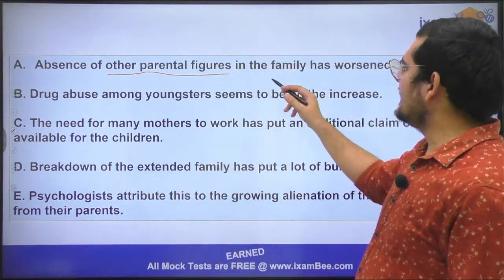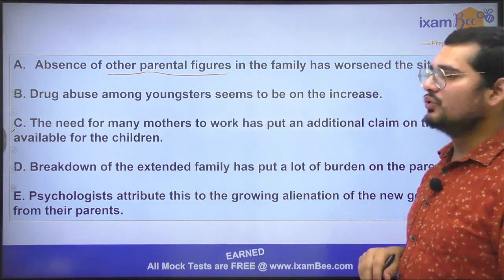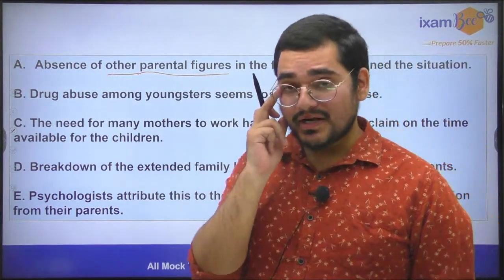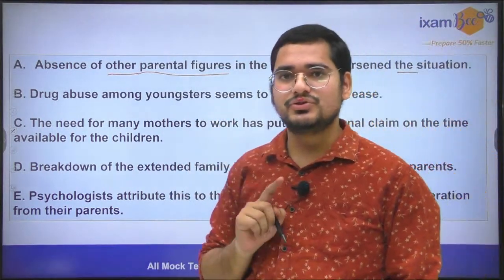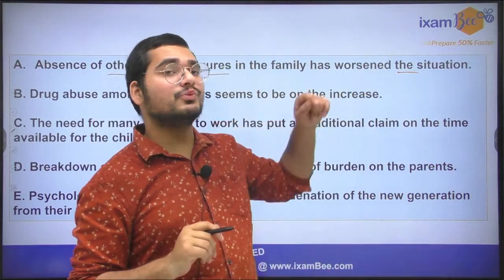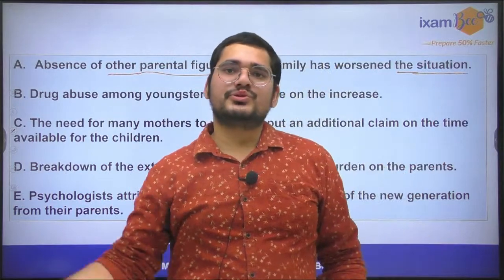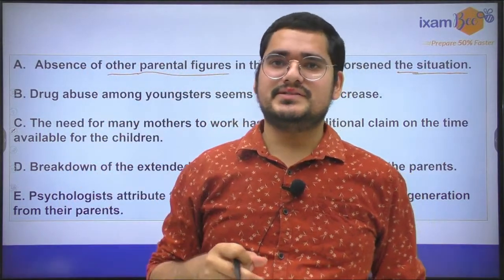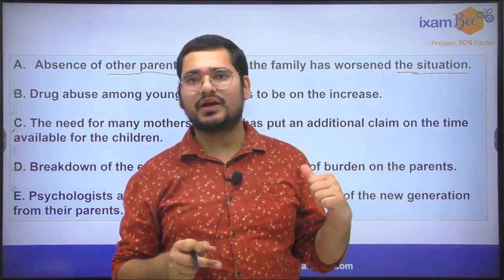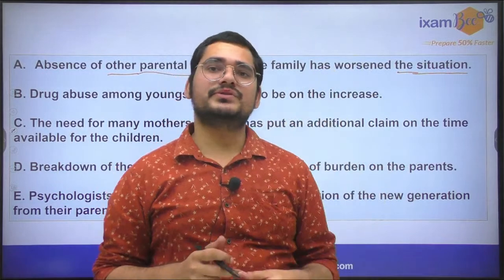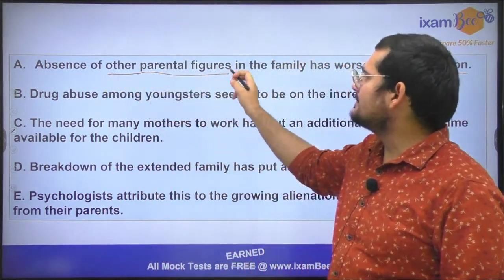So ऐसे parental figures की absence की वजह से क्या हुआ है, जो situation है वो worse हो चुकी है. तो यहां पर अगर हम देखेंगे, यहां पर एक definite article का भी use हुआ है, right? The. So what we get to know, it's already talking about a situation which was already discussed previously, है ना? ये ऐसे situation के बारे में बात कर रहा है जिसके बारे में already हम पहले बात कर चुके हैं, क्योंकि यहां पे definite article the का use किया गया है ना? तो this can be the first sentence plus absence of other parental figures.